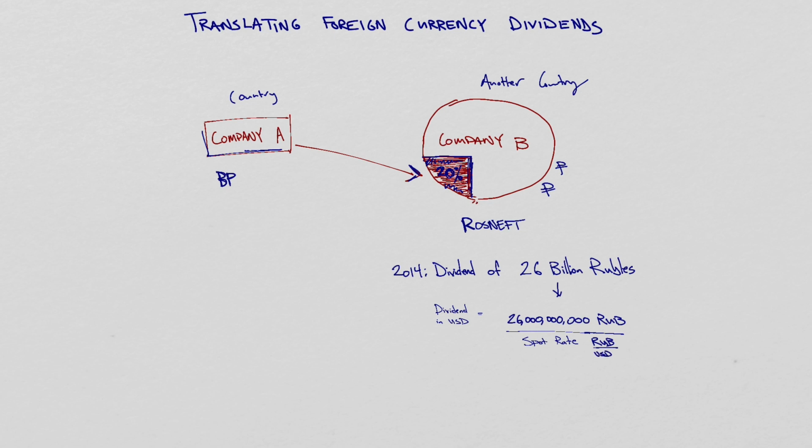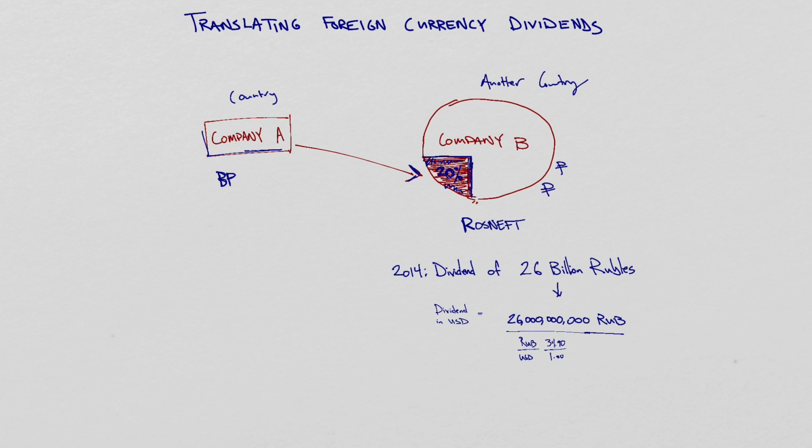So at the time, the Russian ruble was trading at 34.9 to the dollar. That was our spot rate. And so if we slide this spot rate in, that gives us the value of what this dividend payment is worth in terms of dollars.